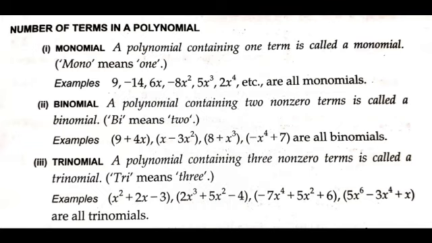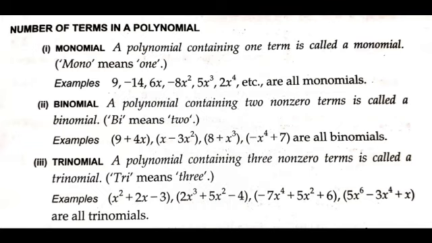Second, I have binomials. A polynomial containing two non-zero terms is called a binomial. Bi means 2. For example, 9 + 4x. Another example, x - 3x². Another, 8 + x³. And -x⁴ + 7. These all are the examples of binomials.